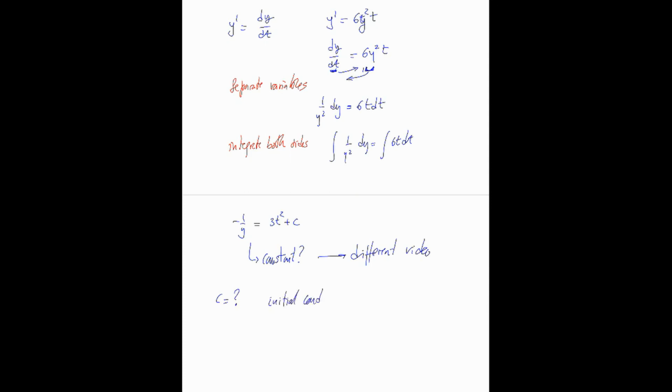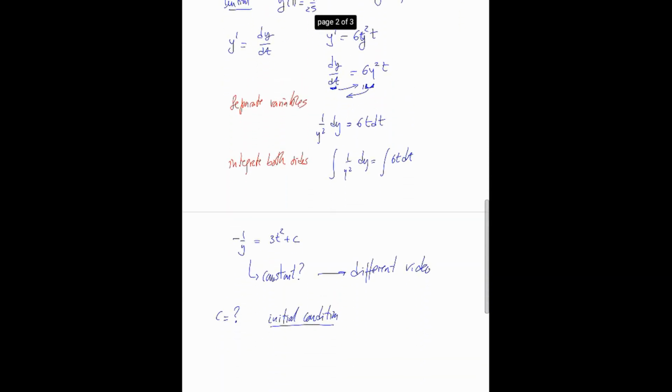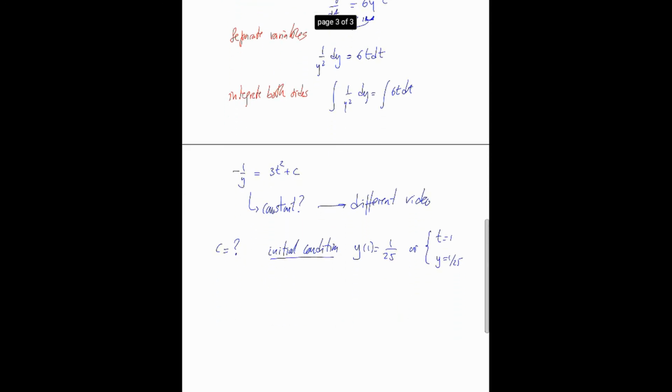The initial condition in this case was saying, here you can see, y of 1 equals 1 over 25, or if you prefer, this is saying when t is 1, y is 1 over 25. So we replace this in our solution here, and replacing these two values, we have minus 1 over 25 equals 3 times 1 squared plus c.